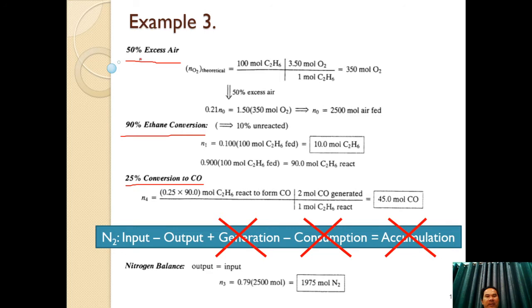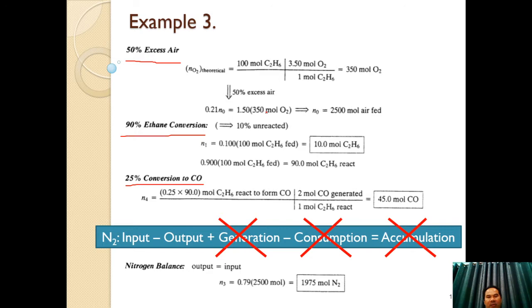Okay, for 50% excess air, what does it mean? You have to calculate the oxygen required theoretically. Please note, as I told you earlier, the excess or theoretical requirement is based on the complete reaction.